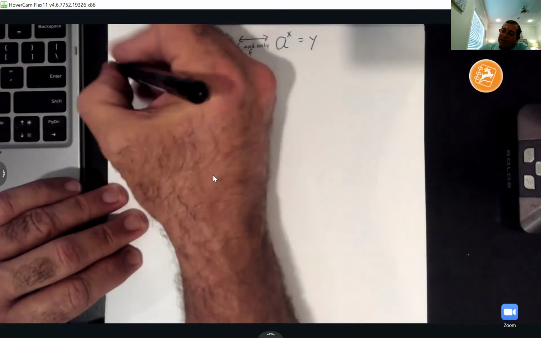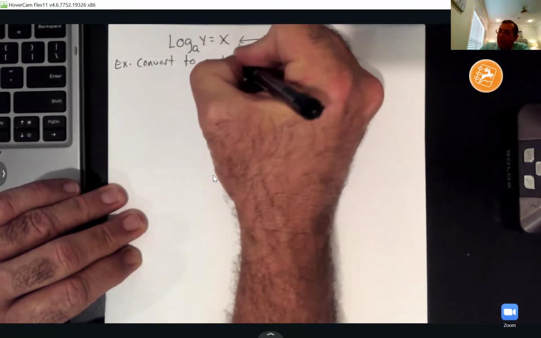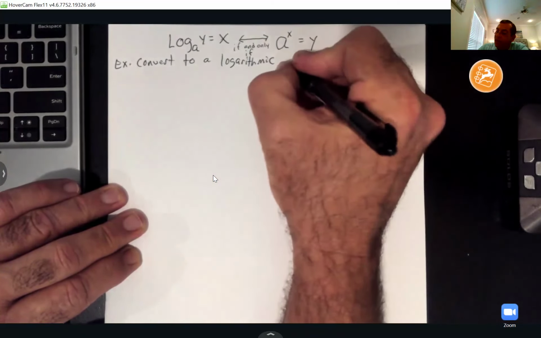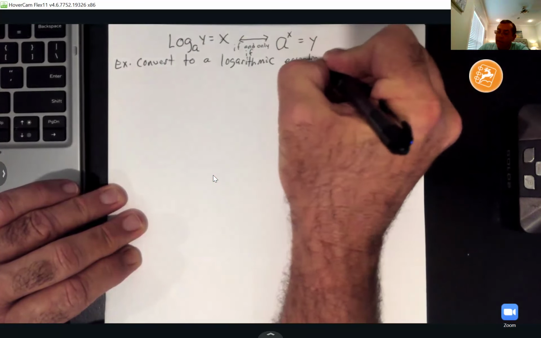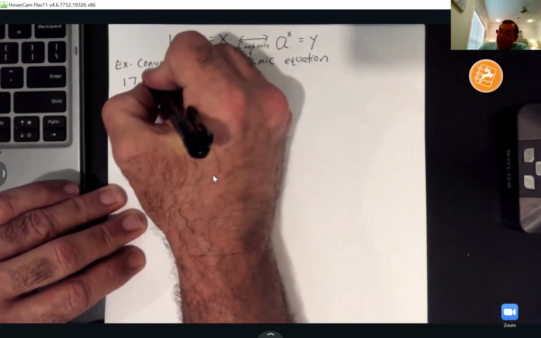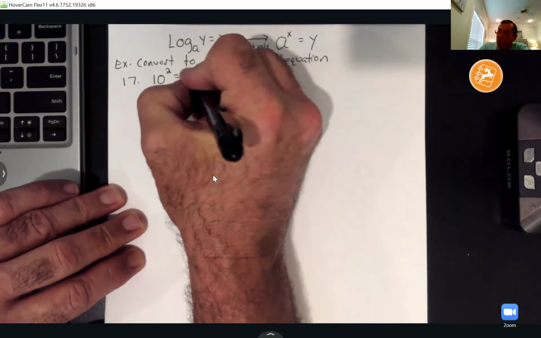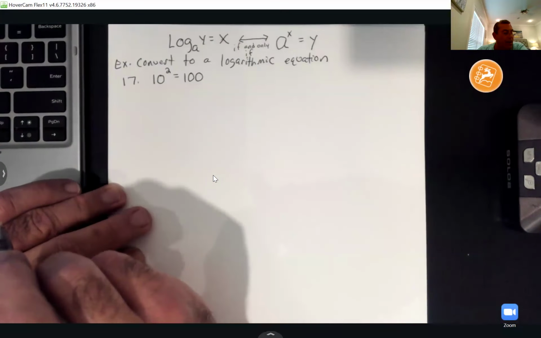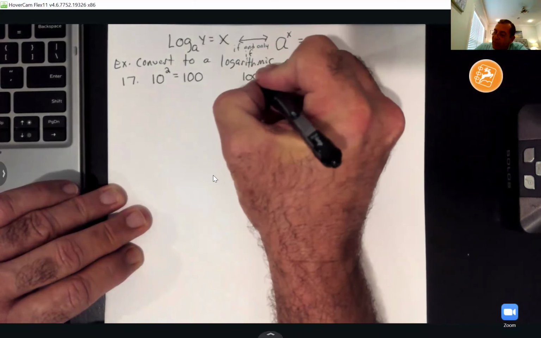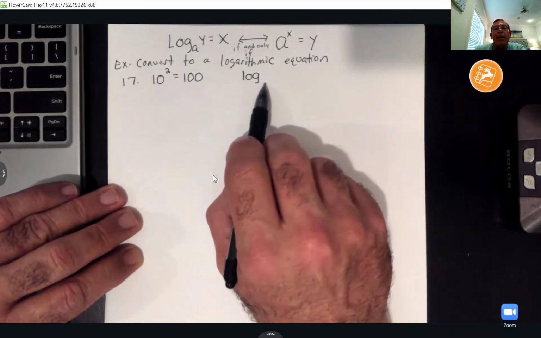We're going to convert to a logarithmic equation. This one will start around 17. They're giving me 10 squared equals 100. Now we're converting to a log equation, so we have to write log. The first thing I would ask y'all: what would be the base?